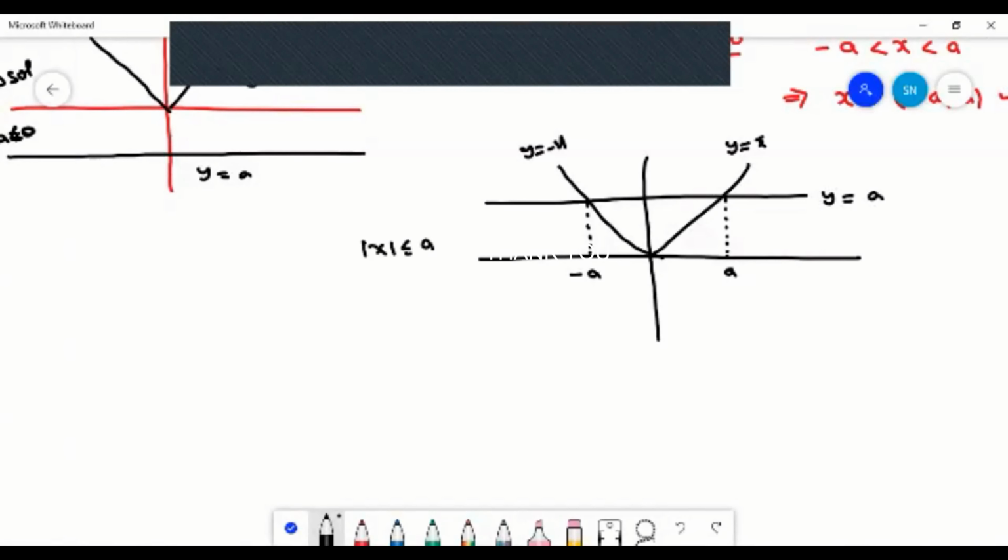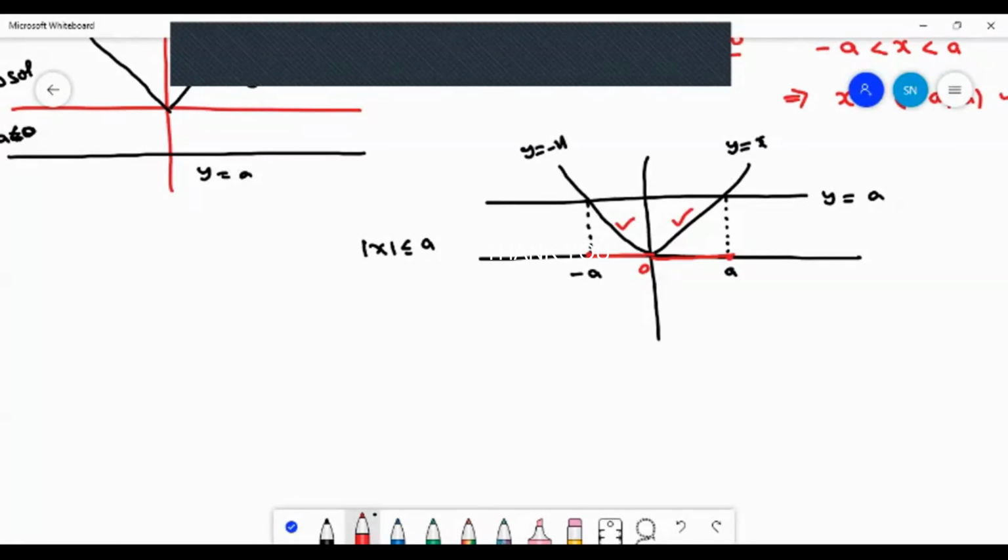Now collect the part of the graph of mod x which is lying below y equal to a. Below y equal to a means this part and this part. The corresponding values of x are 0 to a and minus a to 0.